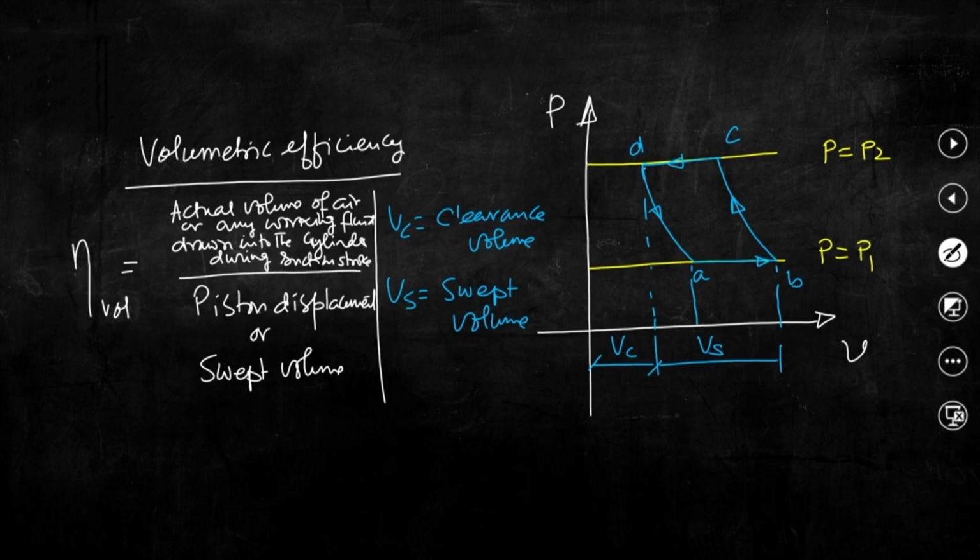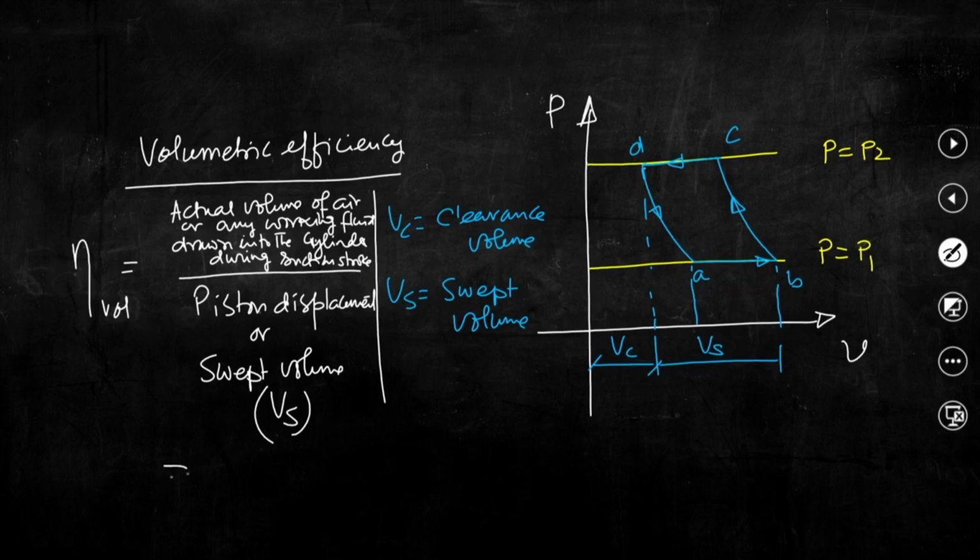So, this is the volumetric efficiency. Ideally you are supposed to have this volume Vs of air inside the cylinder, but we are getting another amount of working fluid or air into the cylinder, and the ratio of these two is known as volumetric efficiency. Certainly, the actual volume of air drawn into the cylinder during the suction stroke is not equal to the piston displacement or swept volume.